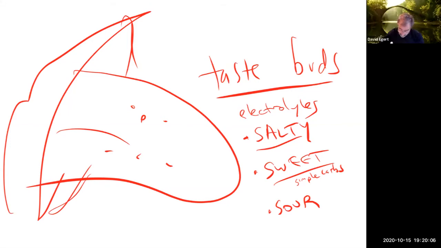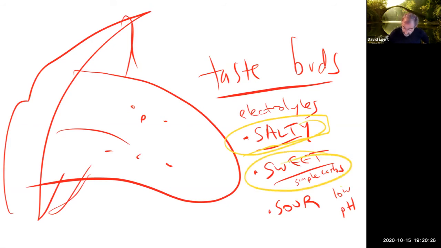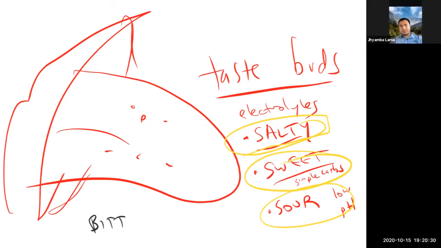Acid, low pH. This is giving you information about the food you're chewing up and dissolving in your saliva. So if it's salty, I know there are electrolytes in there. If it's sweet, I've got simple carbs. Sour, low pH. Bitter, high pH.